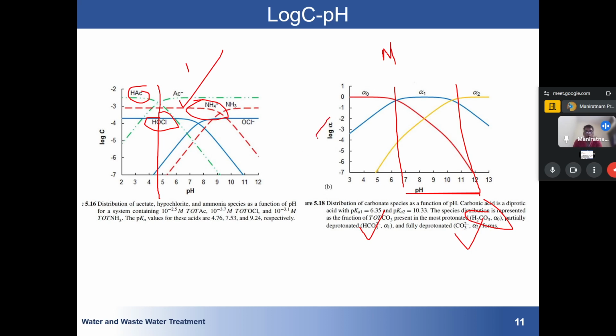Here they have taken a log scale, but you can just draw a line here. Whatever alpha naught and alpha 1 come out to be, you will get these values, and you can see that the summation of all these three will always be equal to 1.